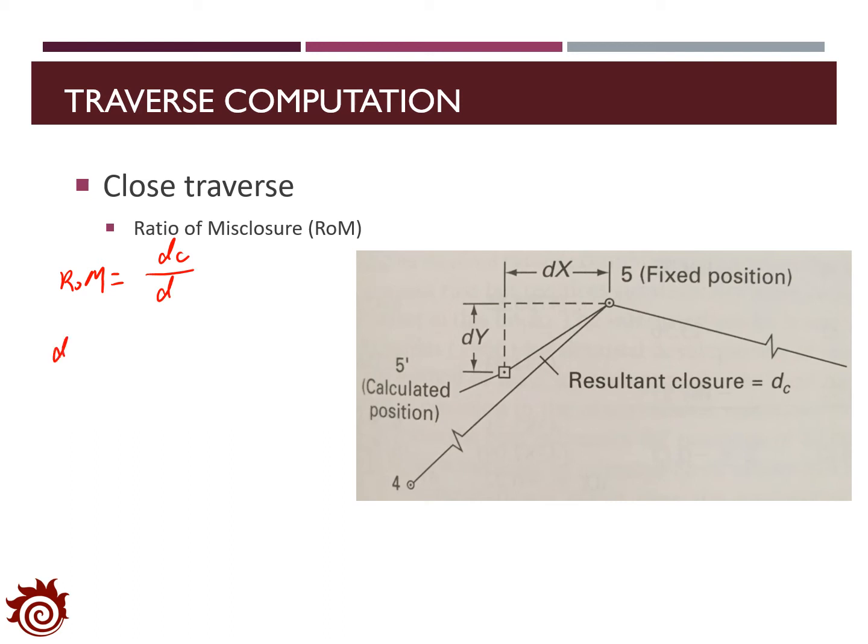Here dc is the total closure error, that is square root of dx squared plus dy squared. And d is the total distance measured, which is the summation of i equal to 1 to n minus 1 for d i, i plus 1.